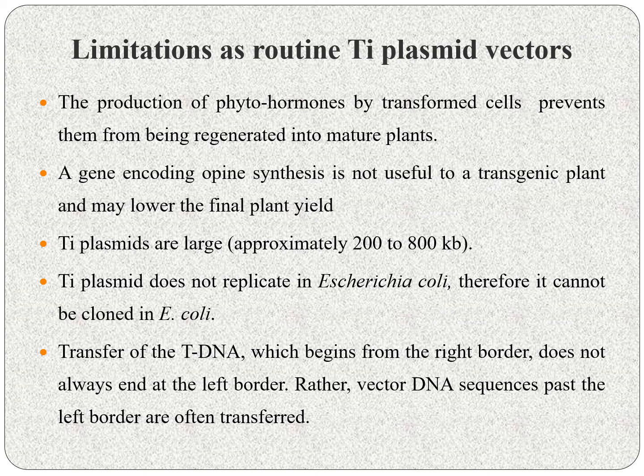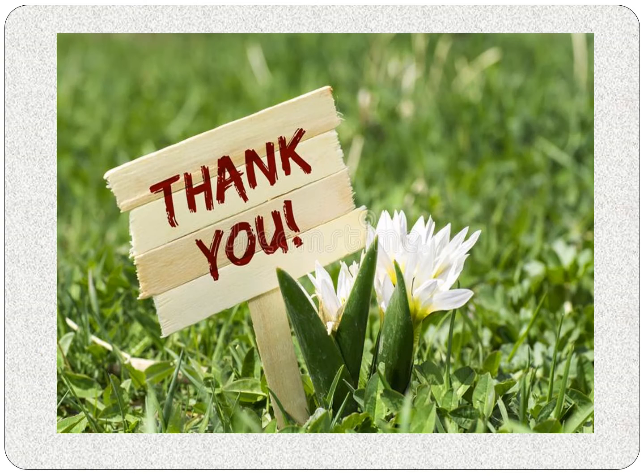Ti plasmids are large, approximately 200 to 800 kilobase pairs. The Ti plasmid does not replicate in Escherichia coli, therefore it cannot be cloned in E. coli. Transfer of the tDNA, which begins from the right border, does not always end at the left border. Rather, vector DNA sequences past the left border are often transferred.